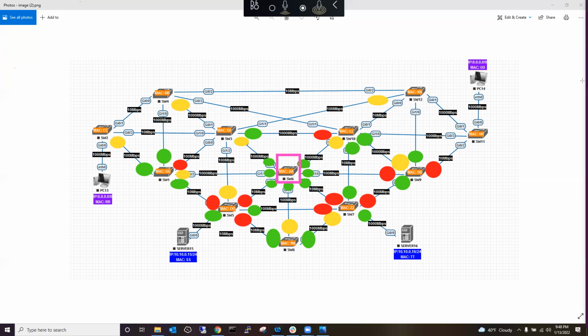And then we go through 12. So 0/3, because it looks like I have two of them that are equal as far as the cost to get to the root bridge. 0/3 and 1/0. Okay, what does that mean to me?